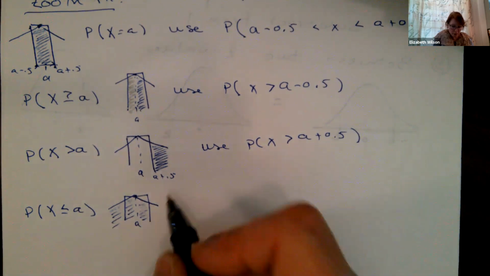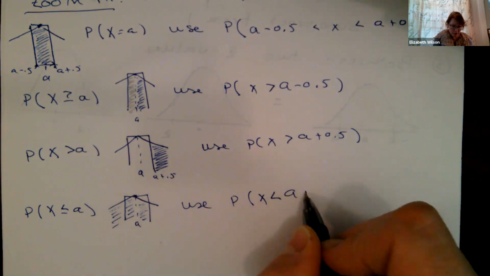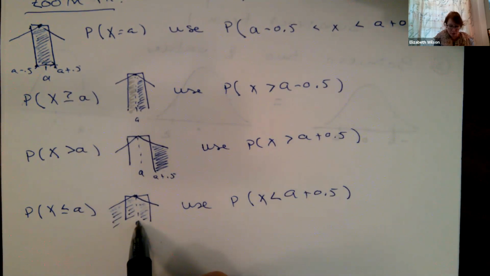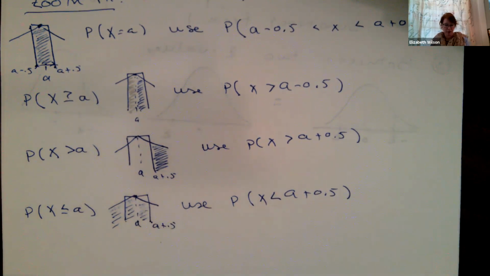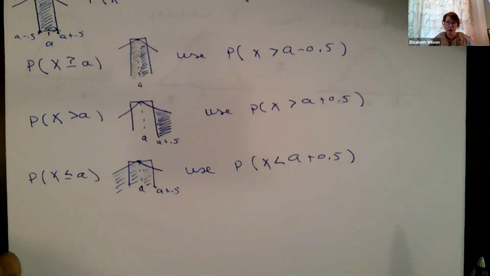So what I'm going to use is the probability that x is less than a plus 0.5, because I want this bit right here, but my a sits in the middle, so I have to include the whole box. So wherever my a is, I have to add to get to the outer edge of that box. Remember, this is our normal distribution or continuous curve sitting on top of a discrete data set here. This is why we're doing this continuity correction.